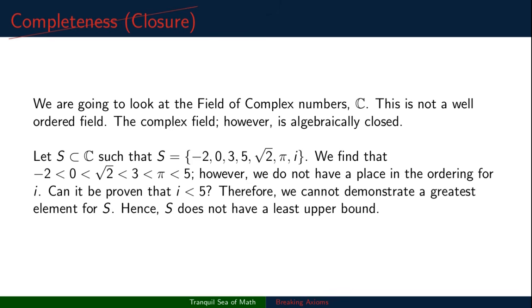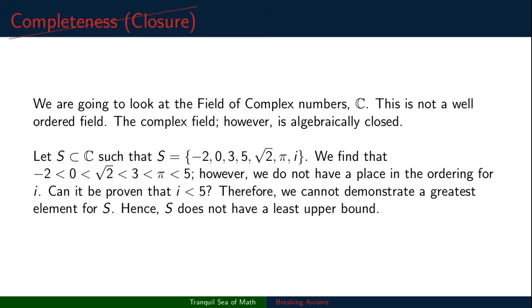That's one of the things that we gain when we go to the complex numbers. So now, this axiom says we should be able to have a least upper bound. So there should be a number that we can say is the smallest number that is bigger than all the numbers in the set. So we have to know what the biggest number in the set is.